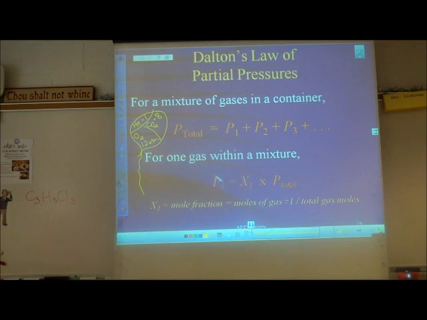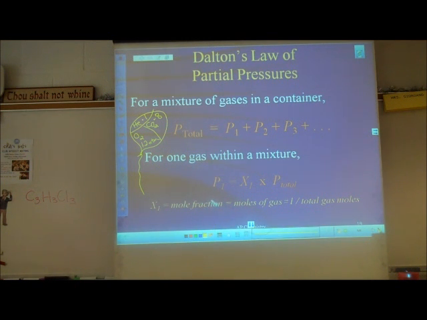This would be the partial pressure of the one gas that you're concerned with. And this x, that's the variable for what is called a mole fraction. Well, a fraction is just like any other fraction. It's a part over a whole. Moles of gas that I'm concerned with over the total moles in that container.